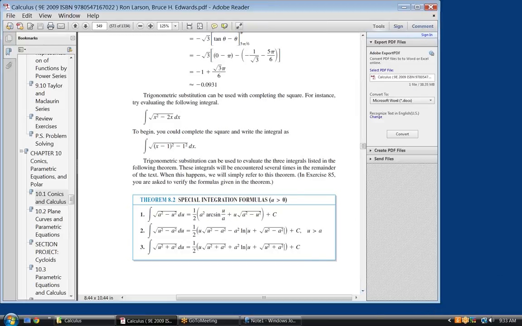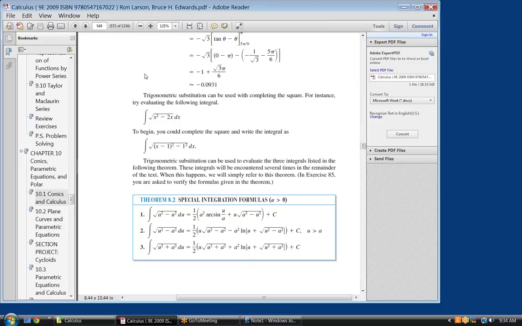The reason I'm showing you this is because it ends up that if you can get an integral into one of these three formats, then using the methods of trig substitution, this is the answer. I see. Now, one of the things you and I never really got into was using tables for integration.